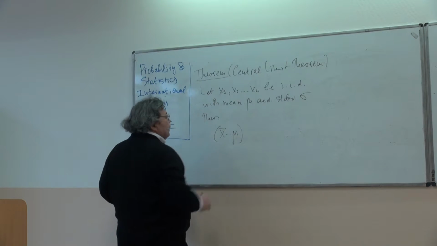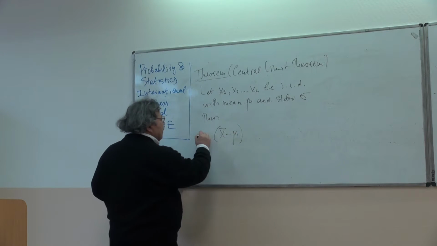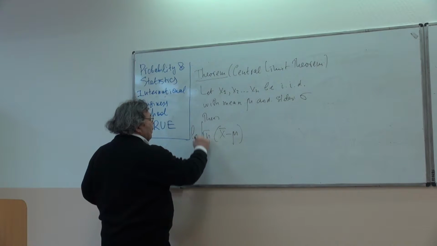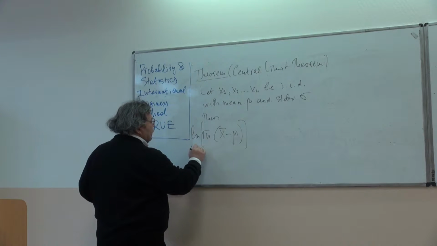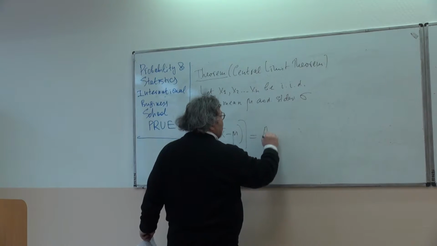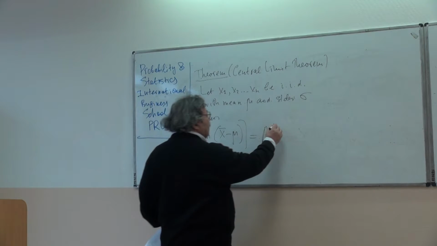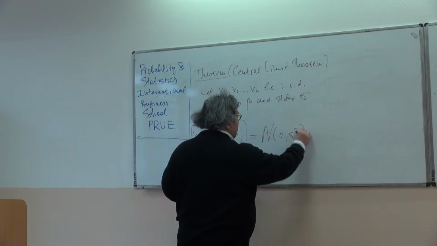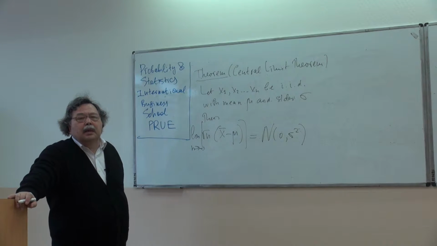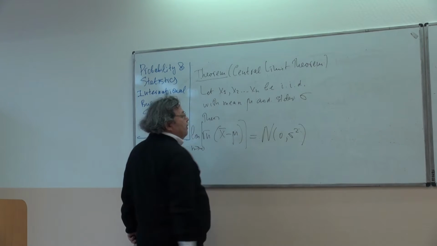It turns out that if this difference or deviation is multiplied by square root n, then the limit of this quantity as n approaches infinity is a normal random variable, with mean 0 and variance sigma squared, or standard deviation sigma.